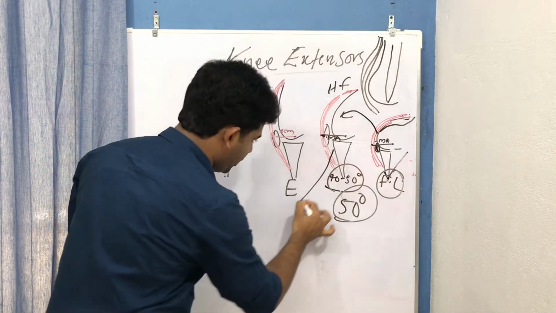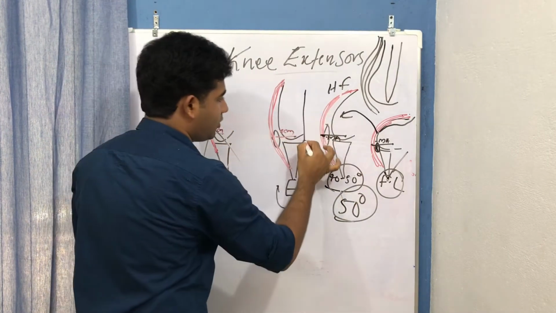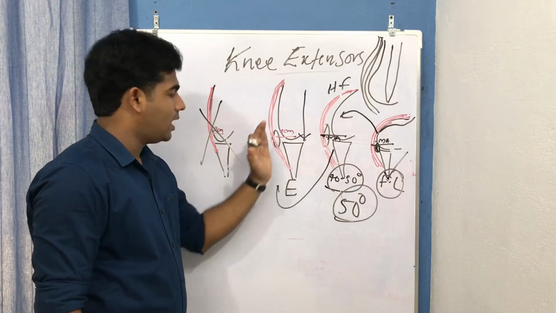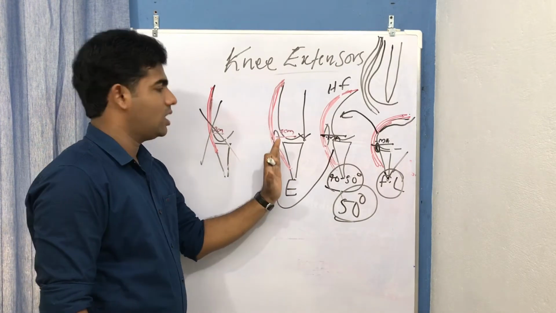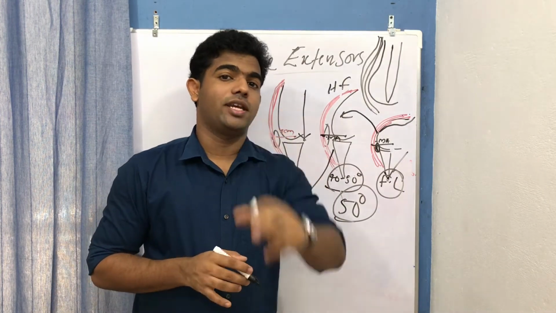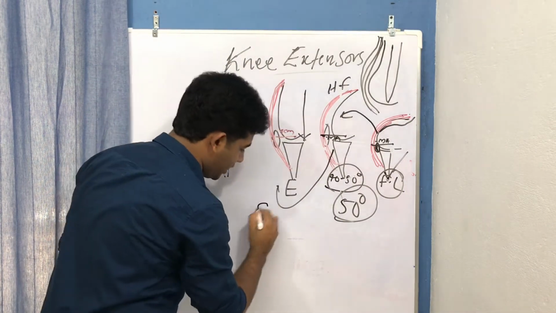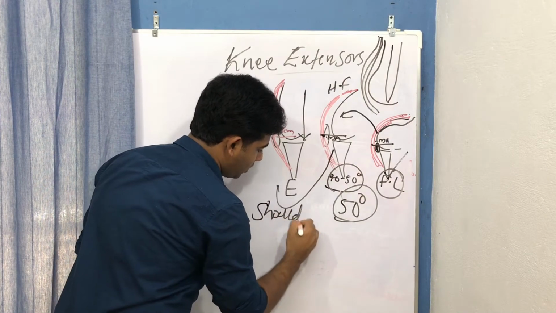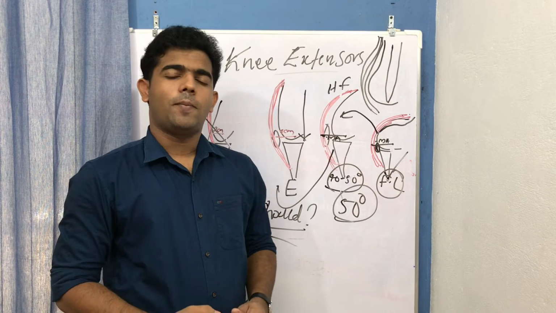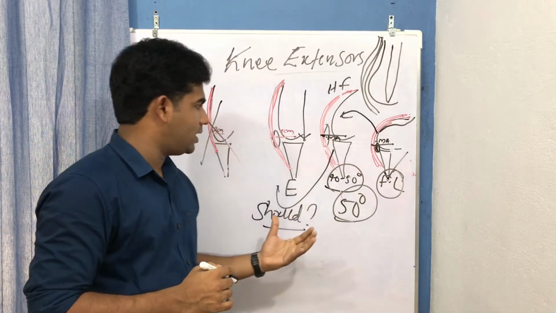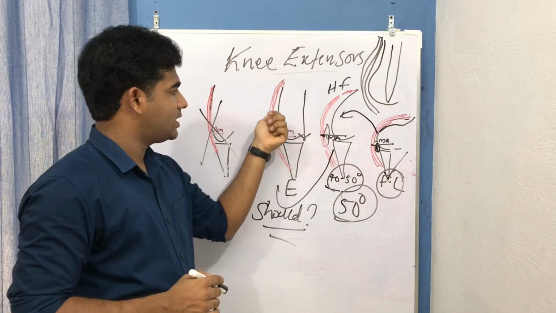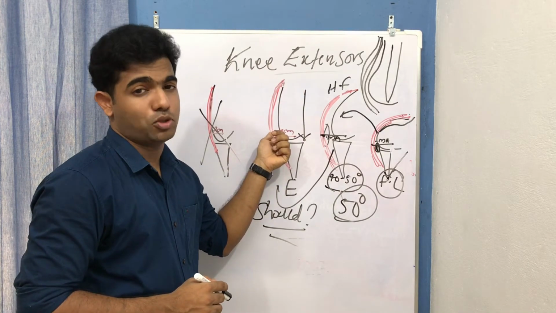Then from here to here, there is again a decrease. That is up to knee full extension, the momentum decreases and quadriceps muscle action decreases. Should decrease, but it is not decreasing. Why? That is because, exactly speaking, at this point you can see that the muscle is at its shortest position.